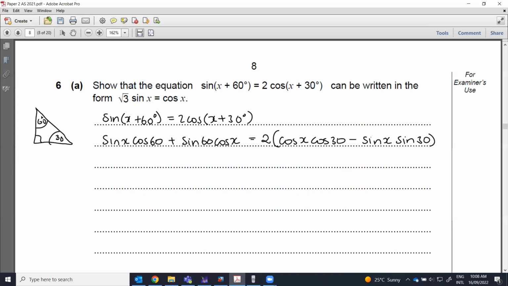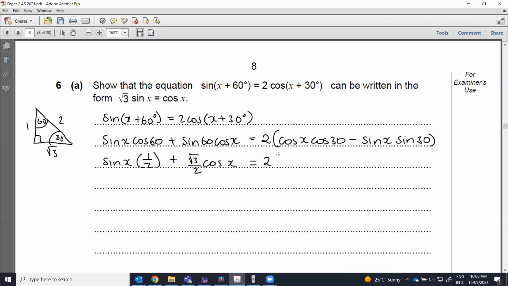So here you have 1, 2, and this side is square root of 3. So cos of 60. Cos is the adjacent over the hypotenuse. So I'll have sine of x times a half. And then sine of 60, this is the opposite over the hypotenuse. So it's square root of 3 over 2. And then times cos of x.